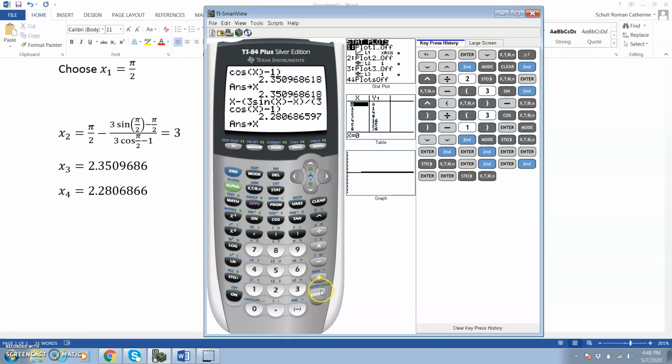So now x is equal to x sub 4. Let's run another cycle. Here's your x5. Let's write it down. Oh, you can also store it as x as well. So now x is equal to x5.